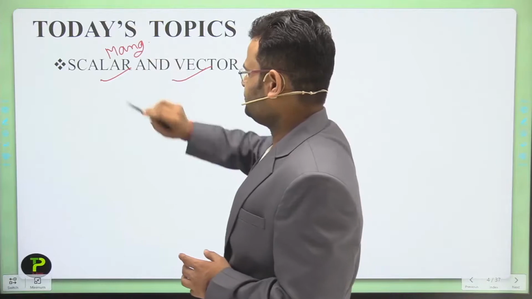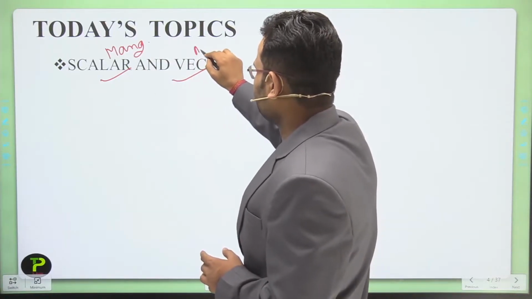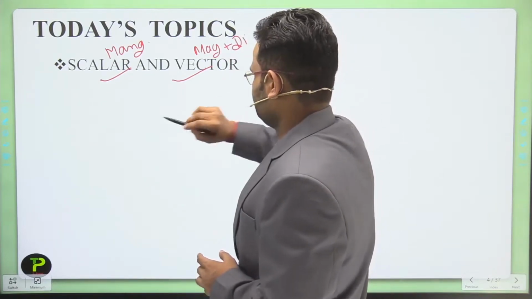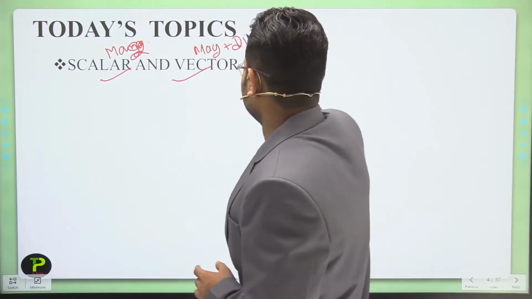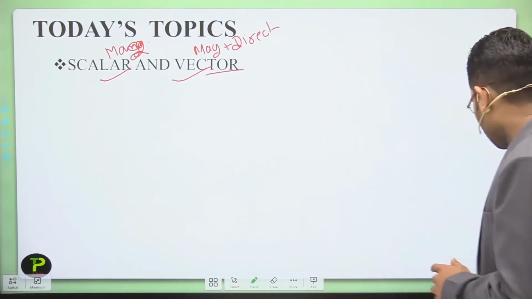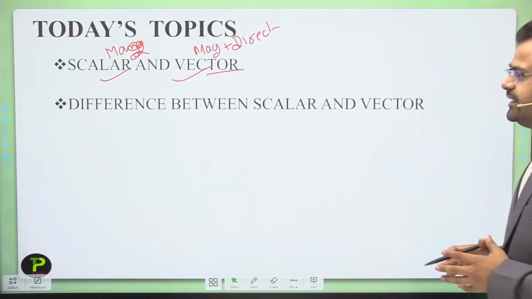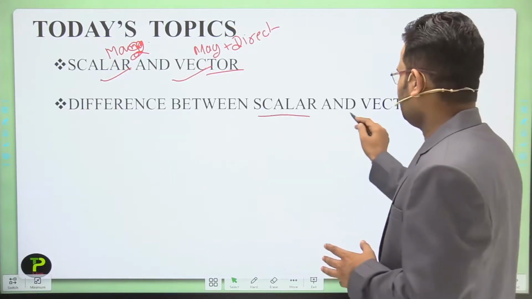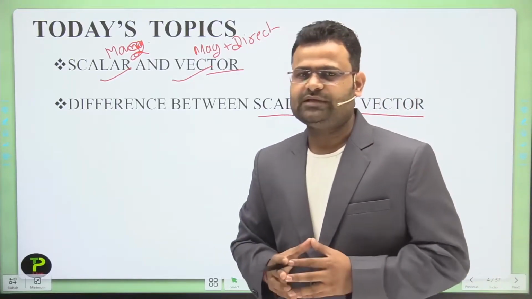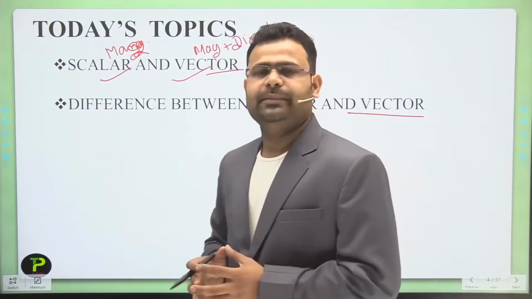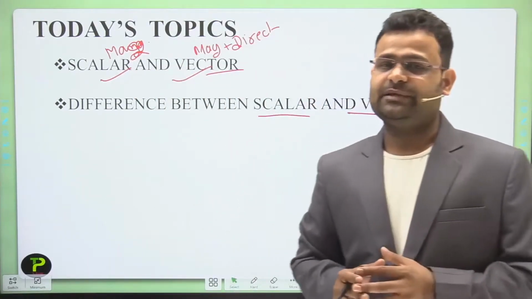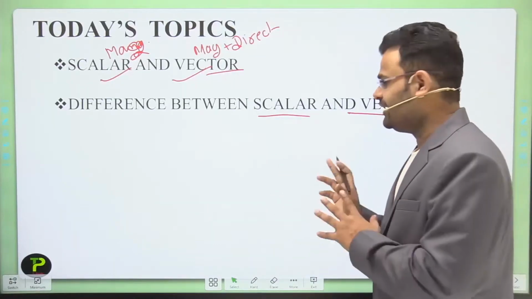That which has magnitude and direction both is a vector quantity. After that we discuss the difference between scalar and vector quantities: there are some definition-based differences, and algebraic differences, and different addition and subtraction methods. Both are different for scalar and vector.